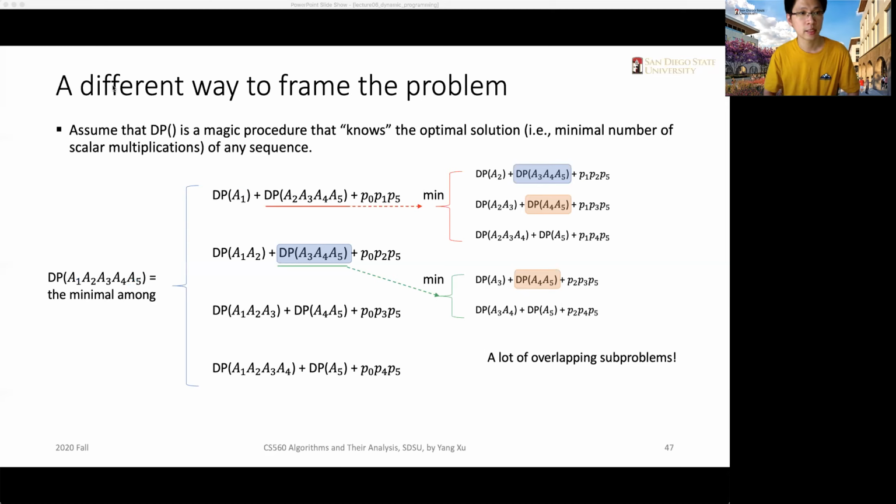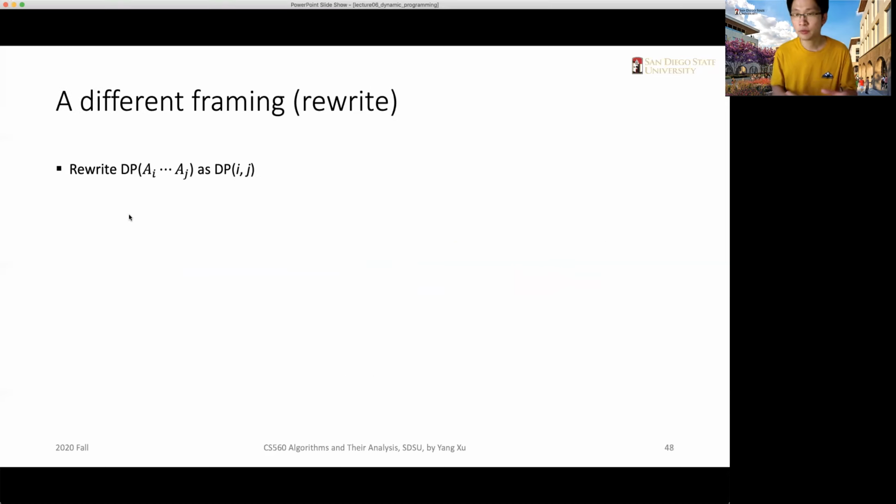In the next slide, we can rewrite the dp of Ai to Aj using simplified indices, just the starting index i and the ending index j. So it's dp of i comma j to indicate the whole complex expression. We basically rewrite the previous expansions.